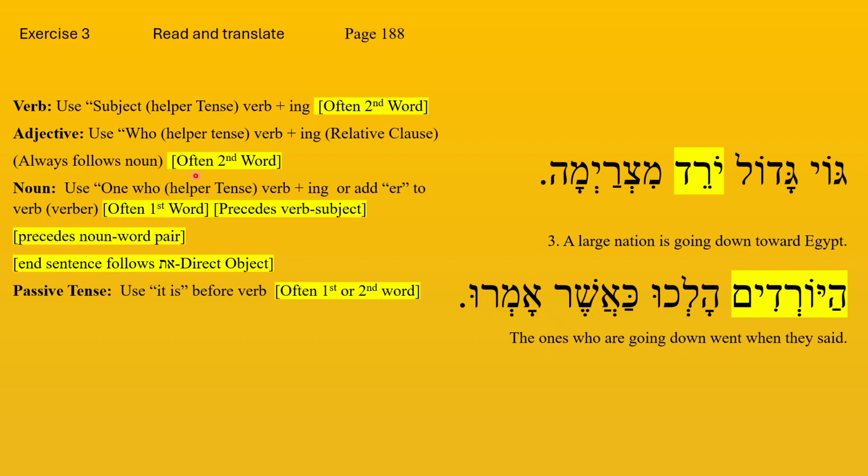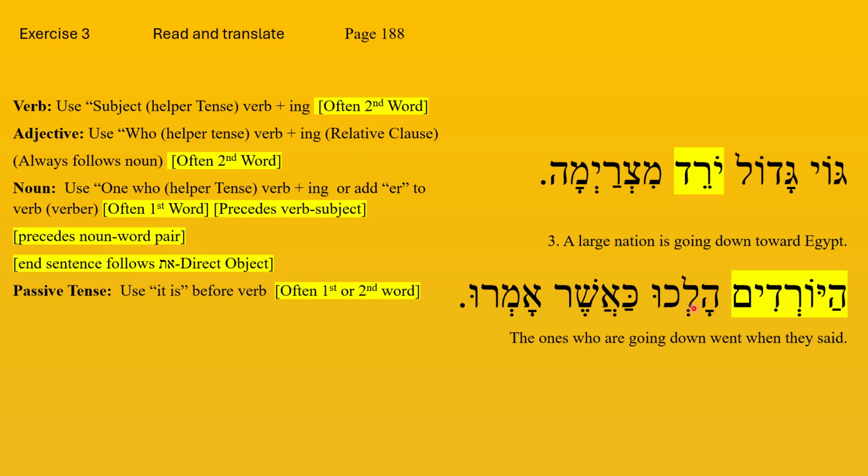So probably it's a noun, probably it's the subject. So let's try it out. And again, because you have the ha in front of it, you absolutely know that it is. So if we're using the noun, we're going with the one who, helper tense, the one who is verbing. So here again, this is plural. So it's the ones who are going down.